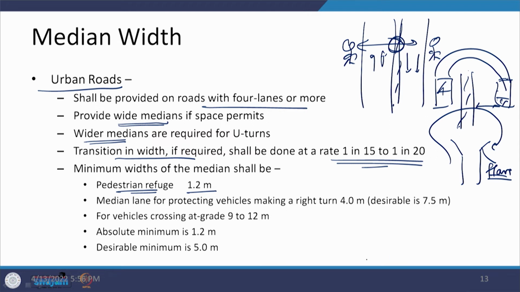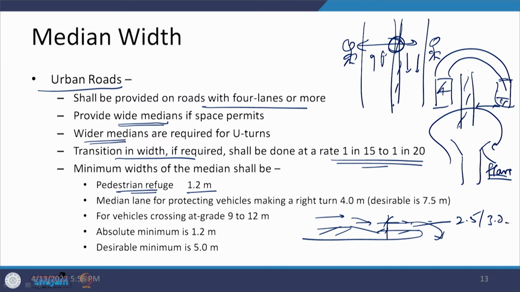What does that mean? It says that you are coming here. So, if there is a vehicle which is coming from this side and comes here and is going to take a right turn, what we are doing is providing a space here for that vehicle to be stopped, which can be say 2.5 or 3 meters wide.